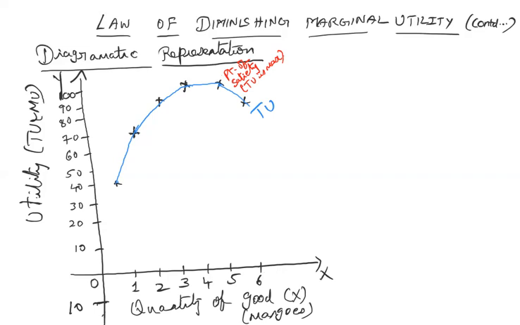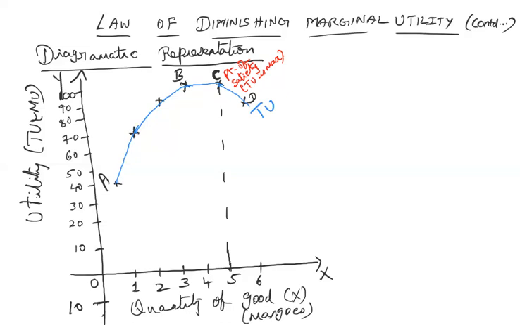Let me mark this as point A, this one as point B, this point as point C, and this point as point D. So the curve is divided into A, B, C, and D. At point C, the point of satiety, the total utility is maximum. Now just connect this in dotted lines. When the consumer is consuming the fifth mango, he is reaching the point of satiety, the maximum satisfaction. We have finished the total utility curve.